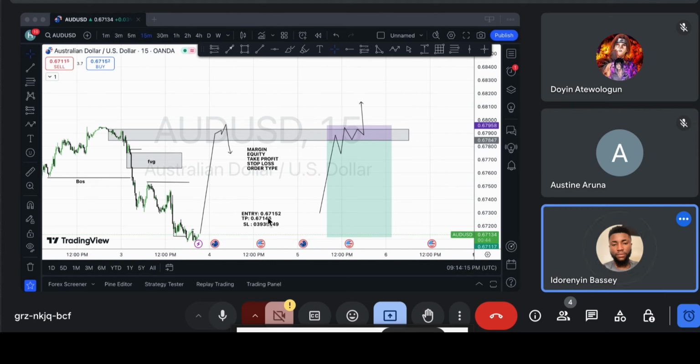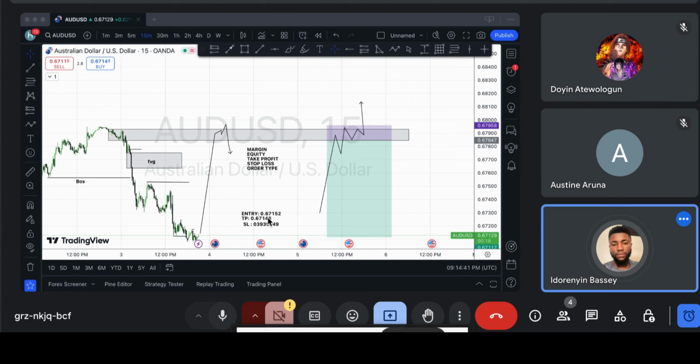So I'm going to try to summarize the whole thing. A stop loss is an order to automatically close a trade at a specific price to limit potential losses.